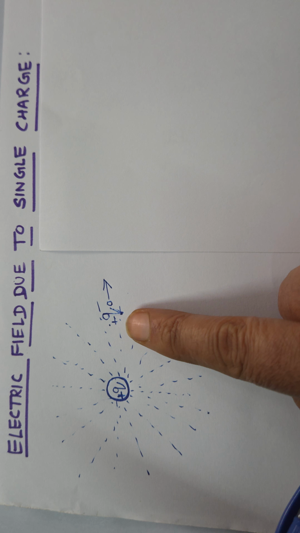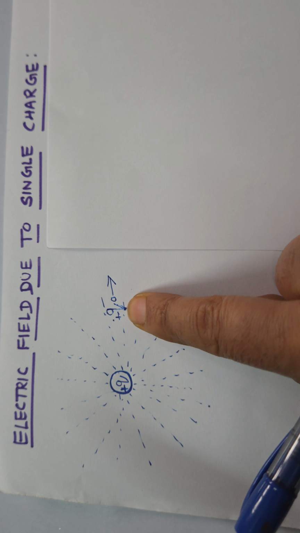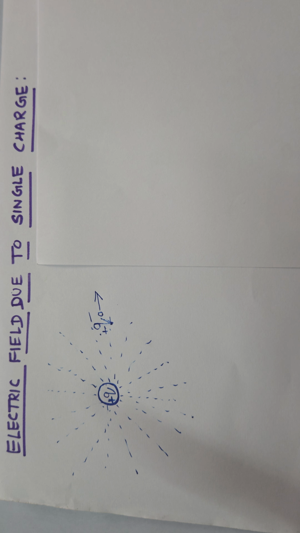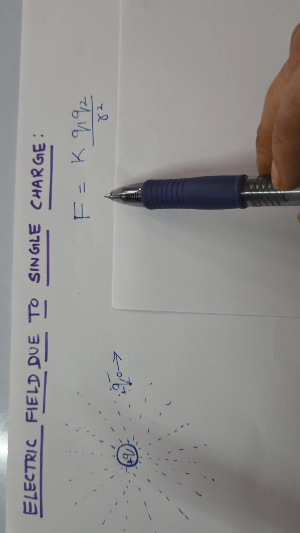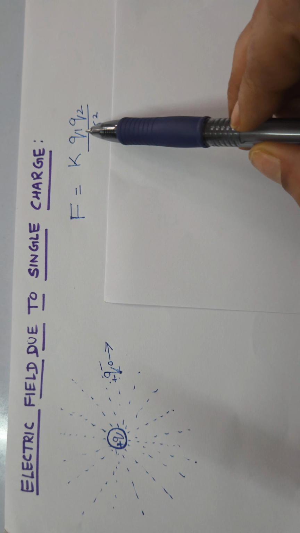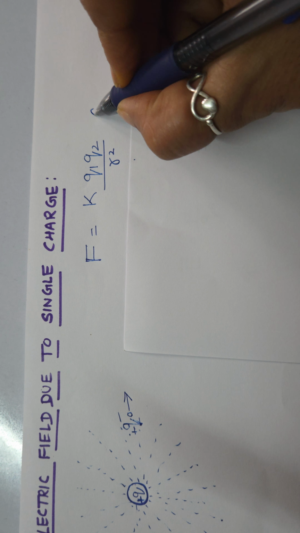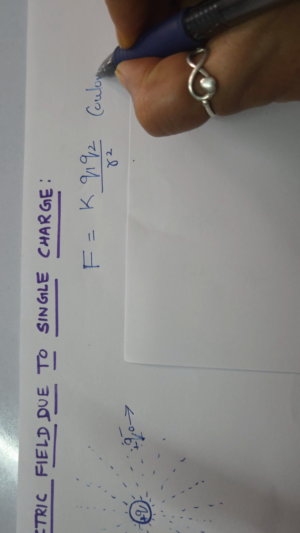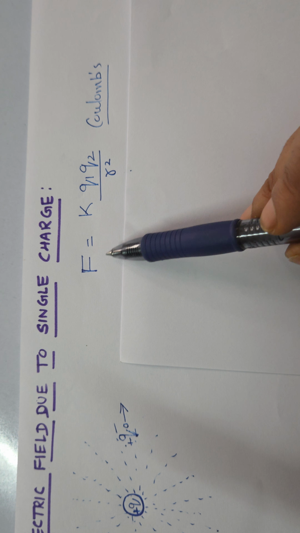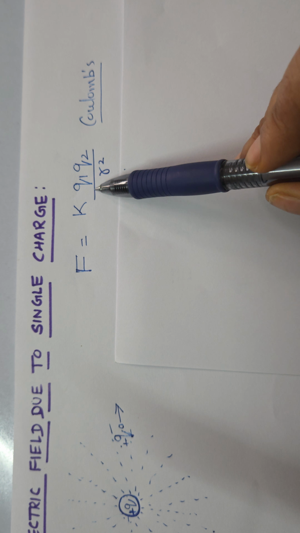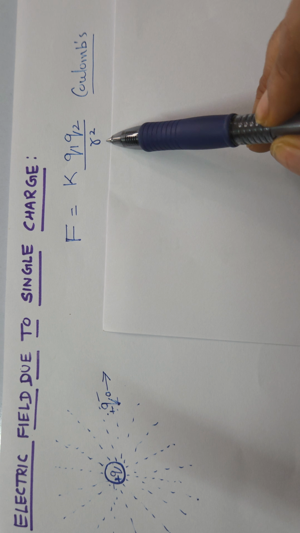Now, we will understand the intensity of this field. We know the basic formula, the force experienced between two charges q1 and q2. This is Coulomb's formula. It says the electrical force between two charges q1 and q2 separated by a distance r is this.